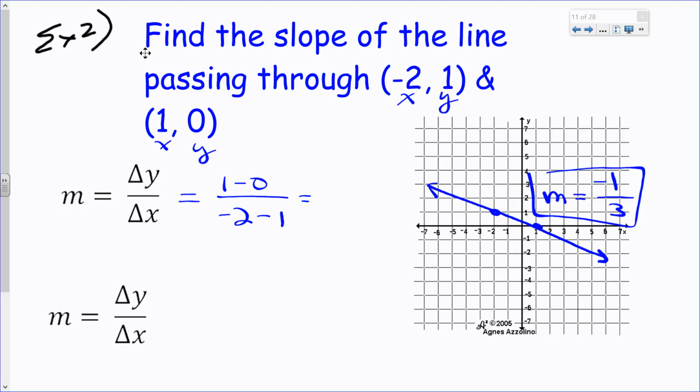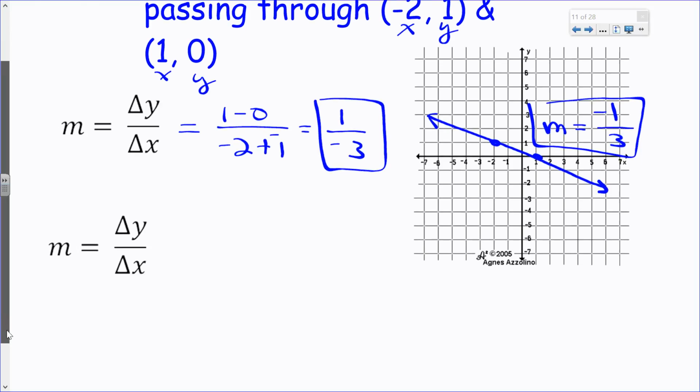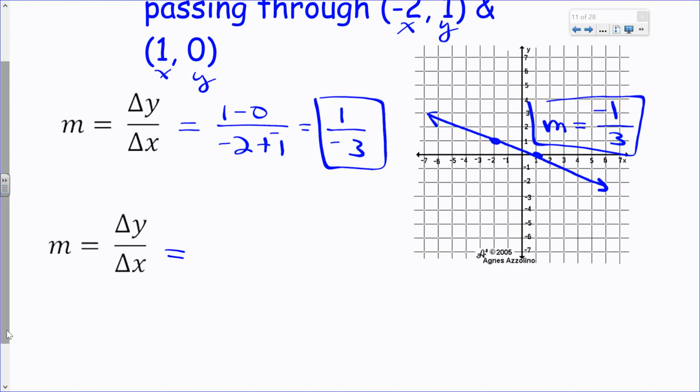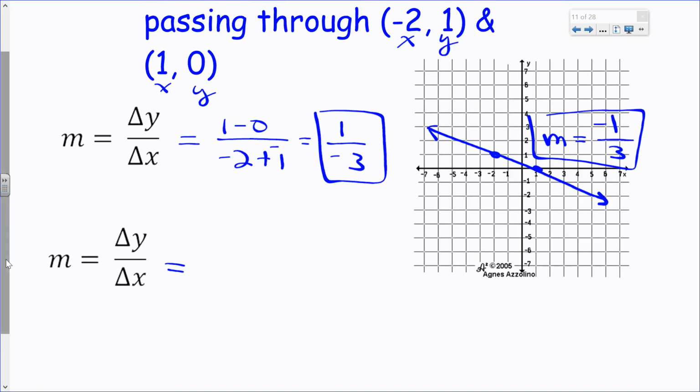So 1 minus 0, negative 2 minus 1, so that'll be 1 over negative 2 plus negative 1 is a negative 3, so it's a negative 1/3. Same as when I plotted it. Let me do it again down here, but this time I'll use the second ordered pair first in the order of subtraction. Delta y, that's 0 minus a 1 on my numerator.